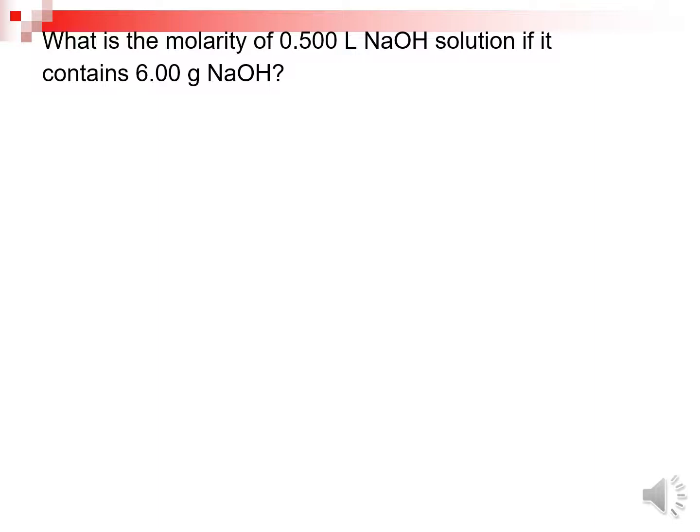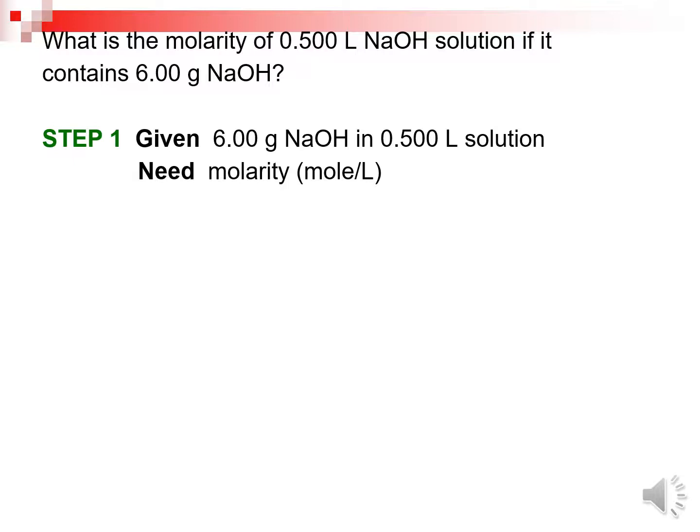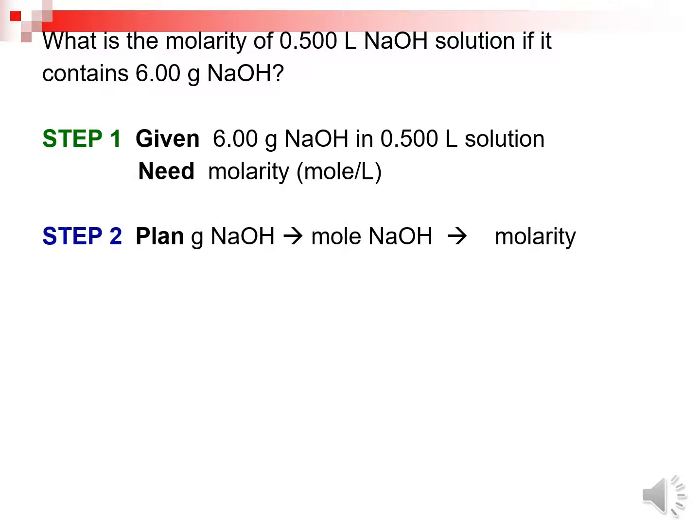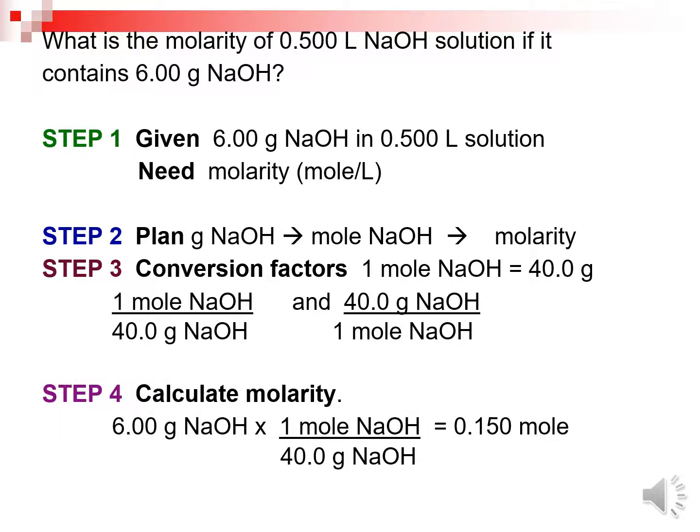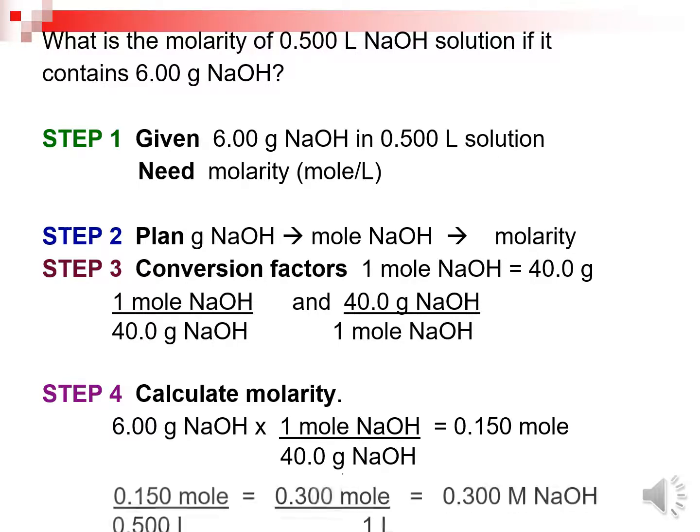What's the molarity of 0.5 liters of NaOH if it contains 6 grams of NaOH? Molarity, remember, is found by dividing moles by liters. So our first step is going to be to change the grams of NaOH to moles. I'm going to use the conversion factor 1 mole of NaOH over 40 grams and multiply it by 6 grams. 6 grams of NaOH times 1 mole over 40 grams is 0.15 moles.